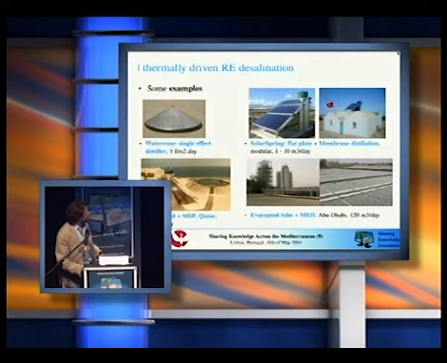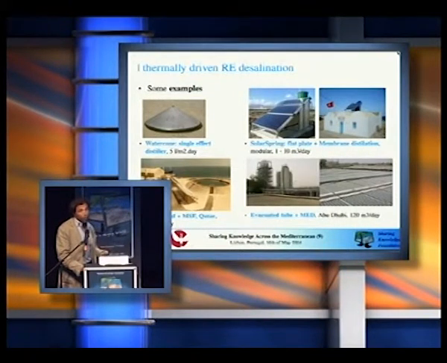The top left one is the most simple system. It's called the water cone. Over there, we have fully integrated the solar collector, which is a very basic flat covered collector, which already integrates the distillator. So this is a single effect distiller.